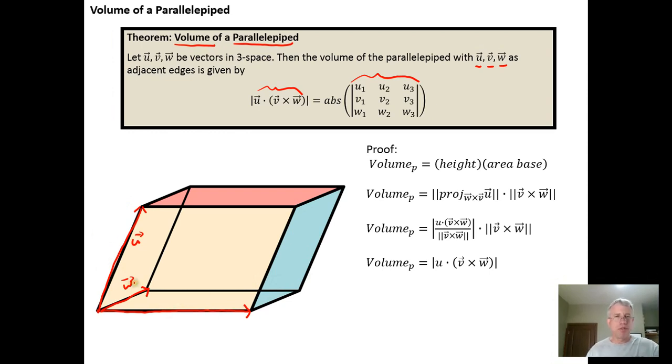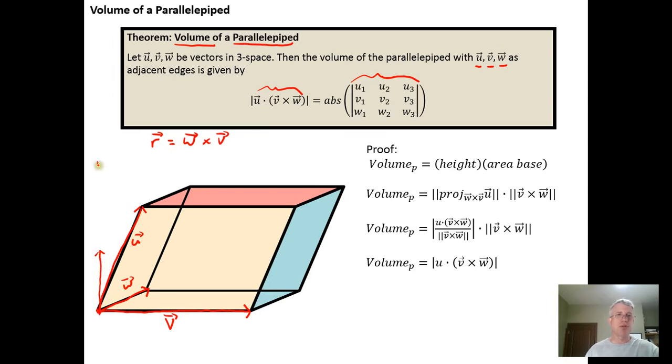So here's the idea. We know if this is w and v, and we take the cross product, and let's give it a name, if r is the cross product of w and v, we know that r is perpendicular to both w and v. So right here, if I put the cross product of w and v right here, it would be perpendicular to both of them.